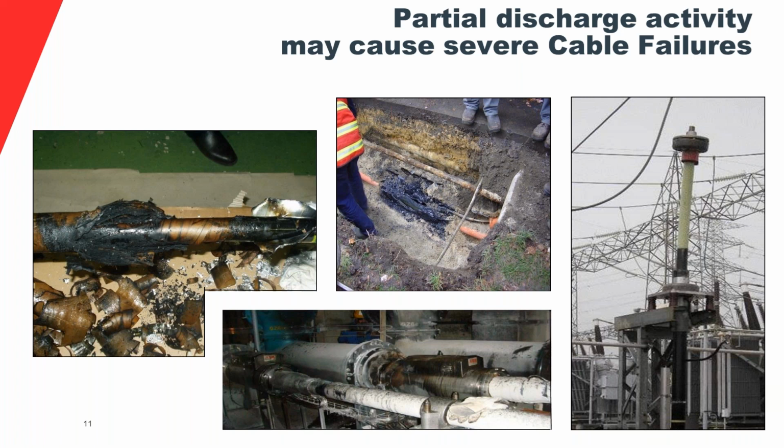And as you can see, there are no outer skirts anymore. No housing or whatever. You don't see the polymer or the porcelain. In this case, it was porcelain, I believe, if I remember correctly. And that end termination had partial discharge in it, and it just exploded.